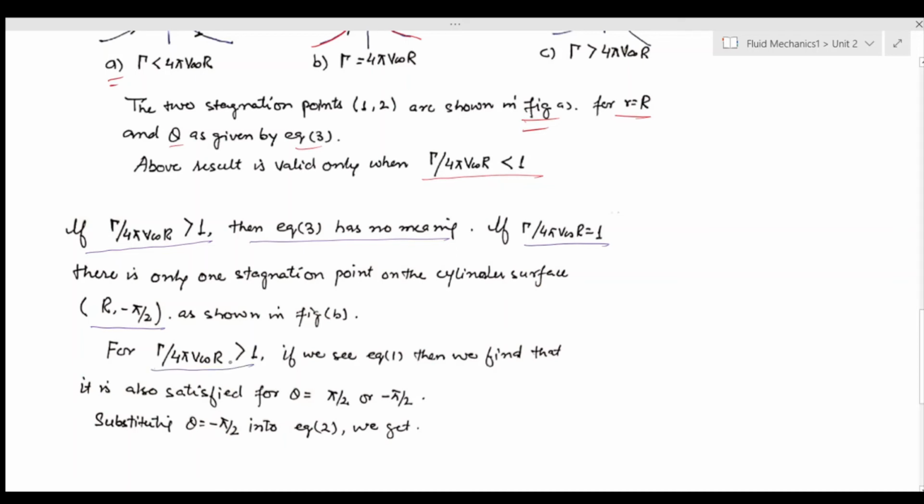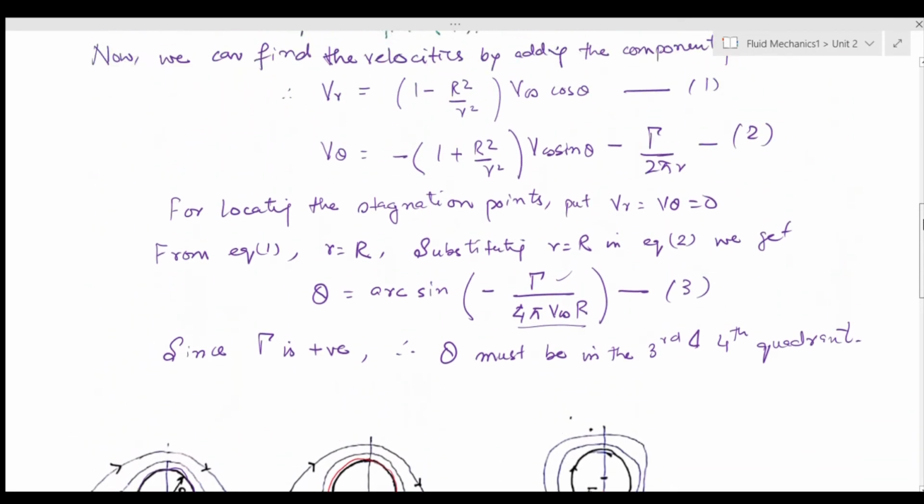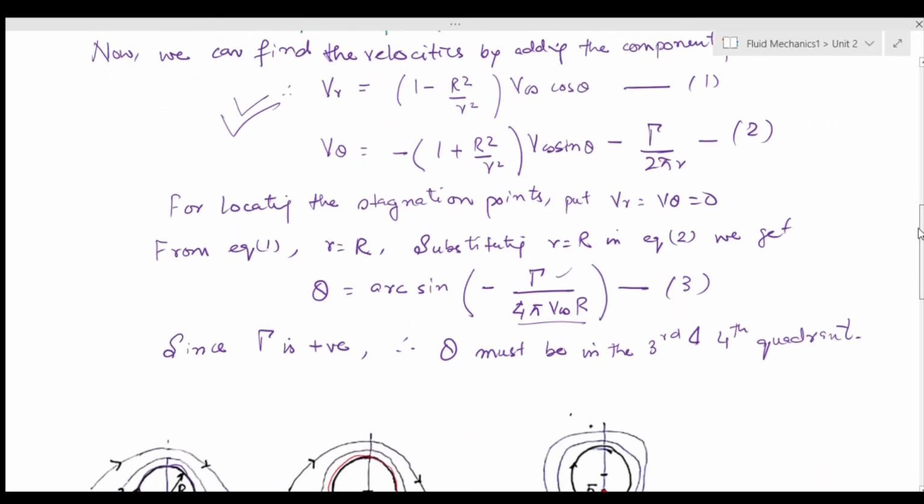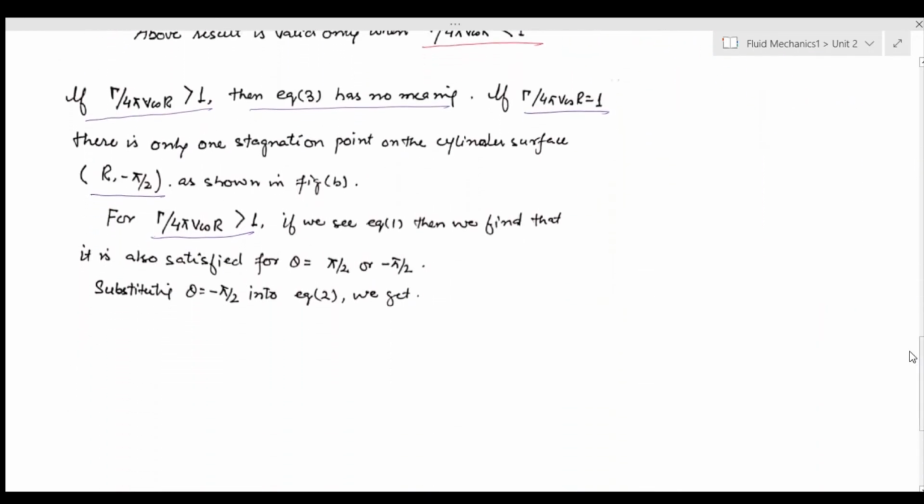Now, let us look at the case where circulation divided by 4 pi V infinity R is greater than 1. If we go back to equation 1, which was my V R equation, then we would find that it is satisfied for theta equals pi by 2 or theta equals minus pi by 2.